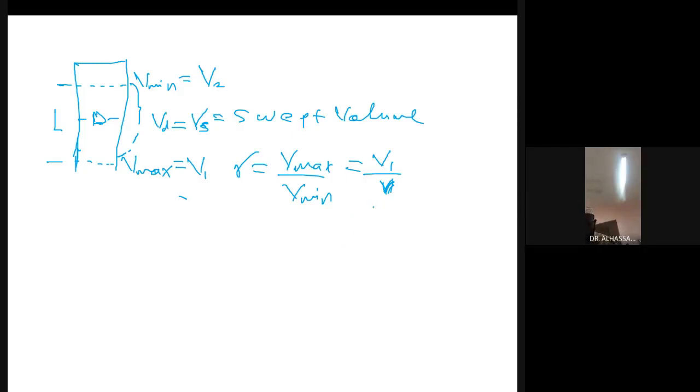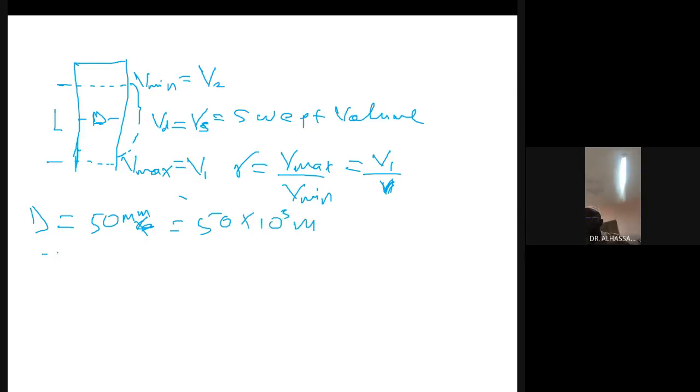So we have V2. The parameters that are given: the diameter equals 50 mm, which I will convert directly, so this equals 50 times 10 raised to the power minus 3 meters.